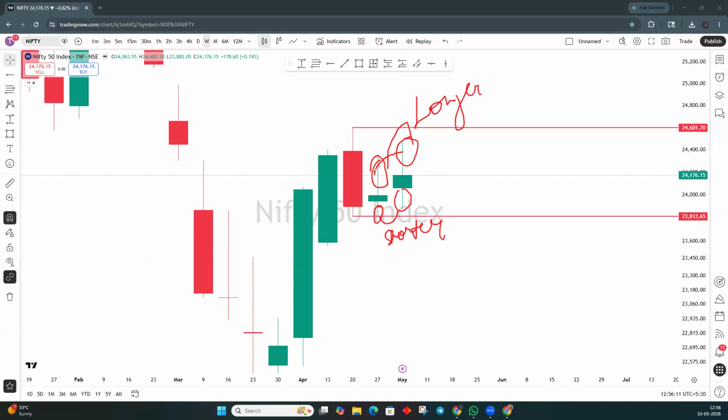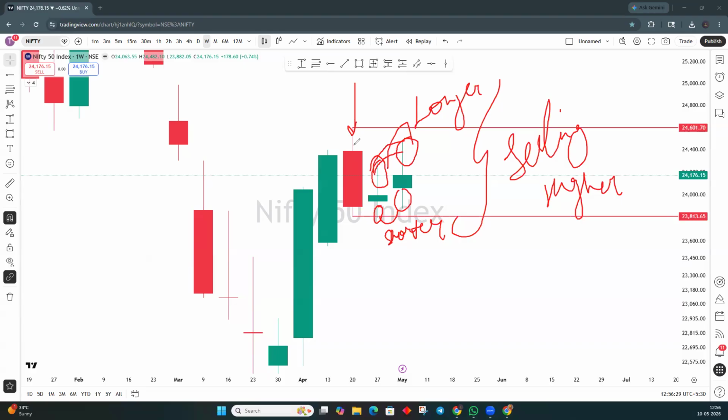Means the market goes upside, but the selling pressure is high above, as compared to the lower wicks. This is because of this candle which we formed two weeks ago, a strong selling candle. So this is where the sellers are active at higher levels and buyers are also trying to regain their momentum.